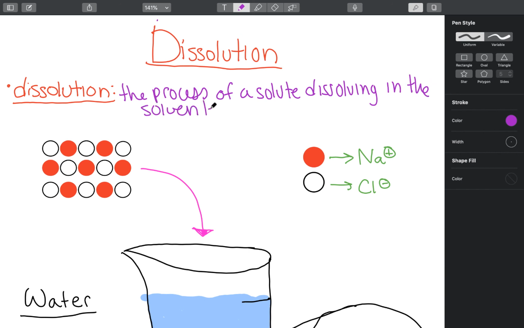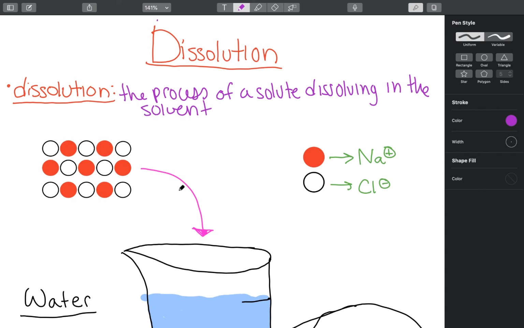In order to show this process, I have a little figure. This little rectangle is sodium chloride. It's like a block of salt that's super magnified so that you can see the individual ions. The red little circles are sodium ions, and the white little circles are chloride ions.